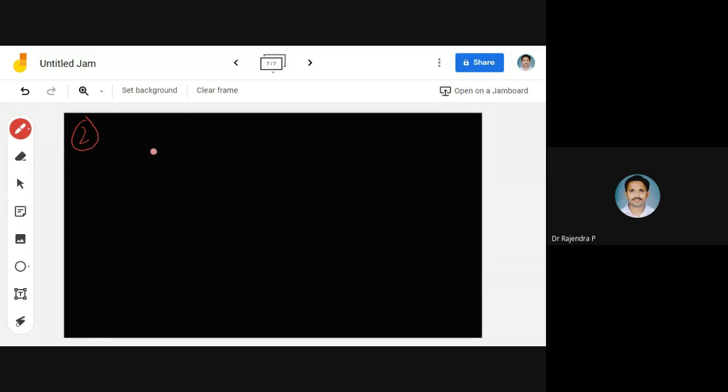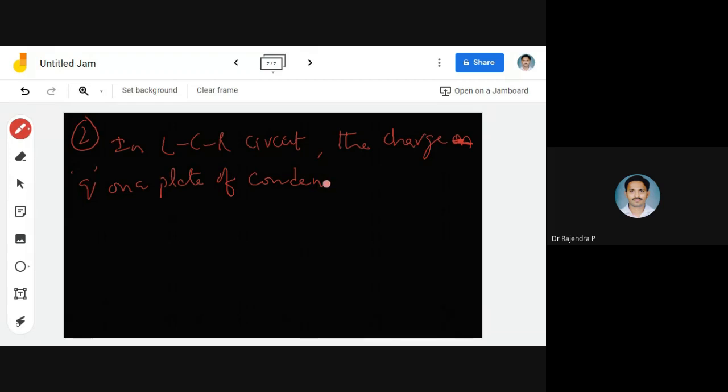In an LCR circuit, the charge Q on the plate of a condenser is given by, I will give the differential equation now: L d square Q by dt square plus R dq by dt plus Q by C.